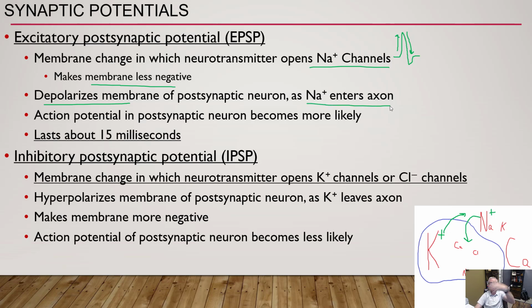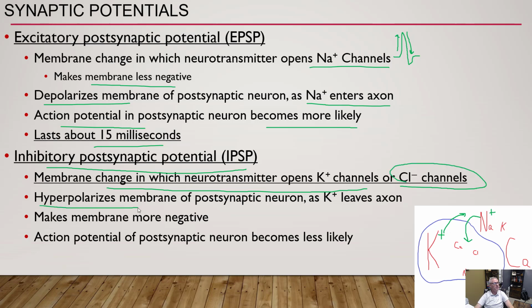So sodium is going to rush in and generate that action potential, or that action potential has become more likely, and it lasts about 15 milliseconds. Inhibitory, think of potassium. We're going to open up those potassium channels, and I'll get to chloride in a second.